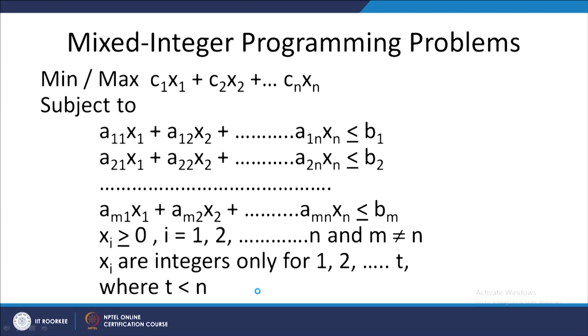So, here you can see xi's are integers only for i equal to 1 up to t, where t is less than n, and the remaining ones are not necessarily integers. Of course, the order of the variables can be changed. For example, there is a situation where variable number 1 and variable number 5 are integers, and the remaining ones, 2, 3, 4, are not integers. So, that reordering of the variables is possible.